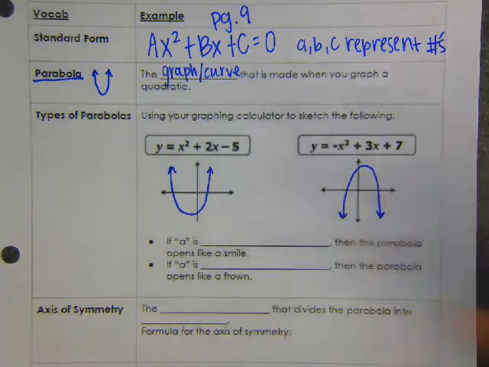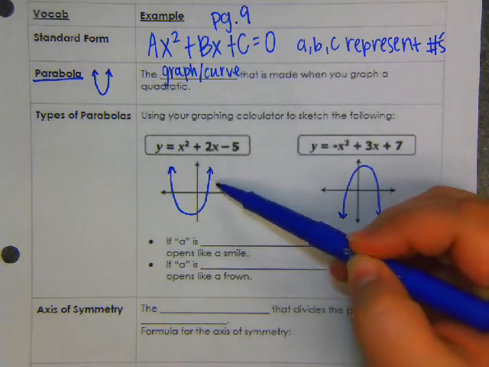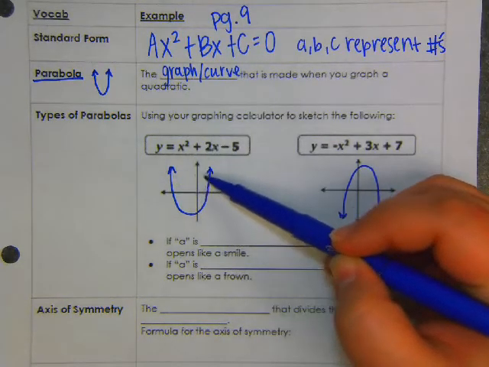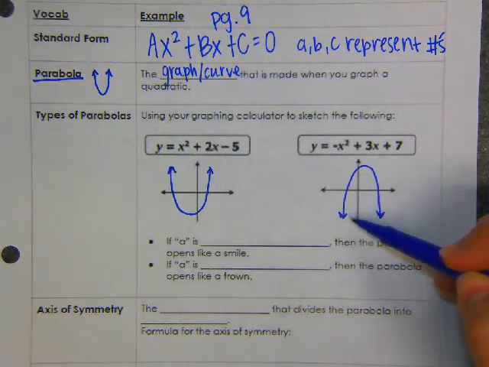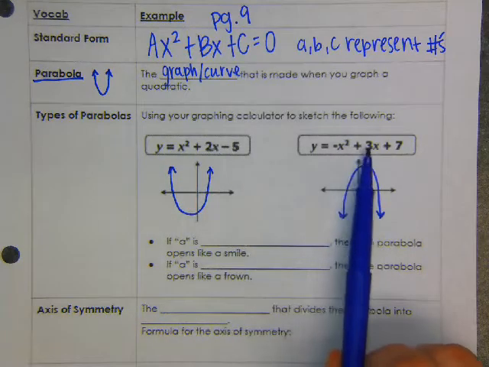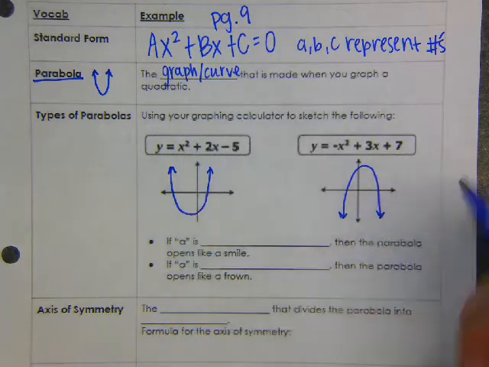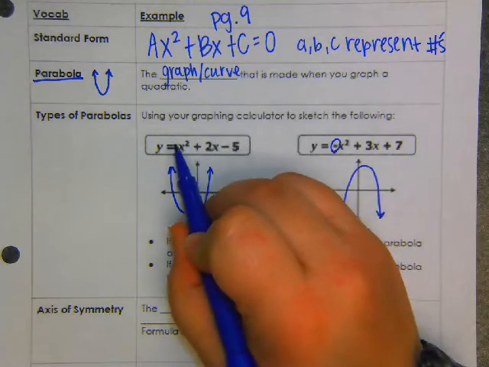So the shape of the graph is the same. They both are U-shaped graphs, but the first graph has the ends of the graph pointing up, and the second graph has the ends of the graph pointing down. So if you look at the two equations, really the biggest difference is that this one right here has a negative in front and this one does not.